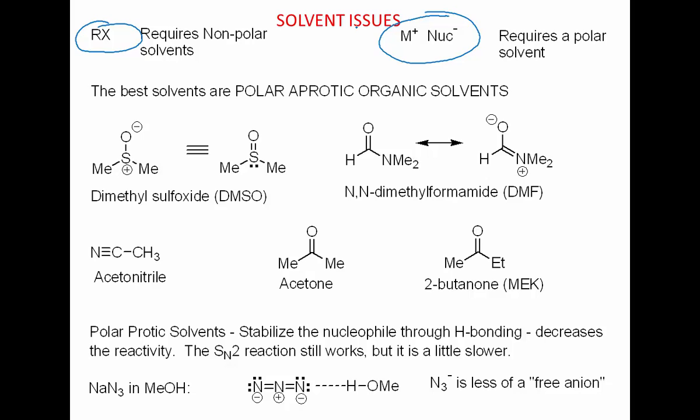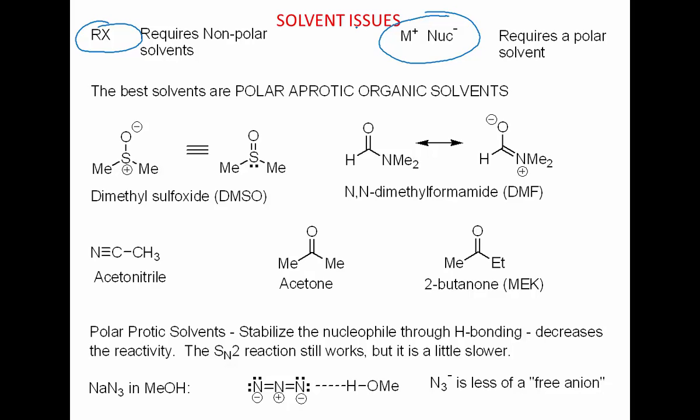Okay, one of the best ones is the first one shown here, called dimethyl sulfoxide. It's incredibly polar because of this dipolar resonance structure shown here, and it's abbreviated DMSO. Another really good one is N,N-dimethylformamide, or DMF.